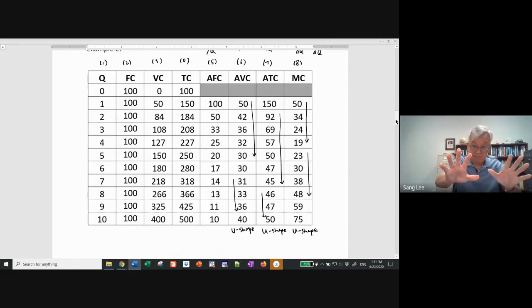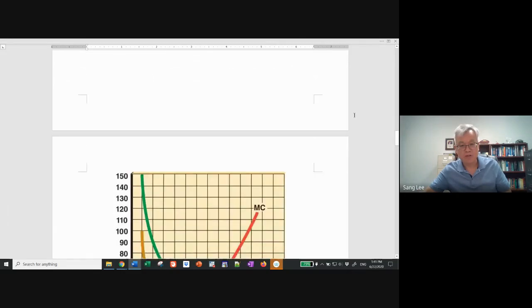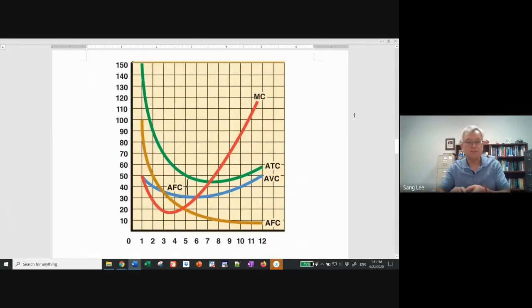Now we're gonna copy exactly the same information in the table onto cost quantity space. Okay. Now that is on the next page. Now, first confirm here that average fixed cost is always declining as more output is produced.